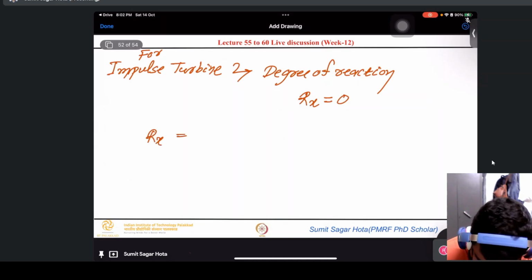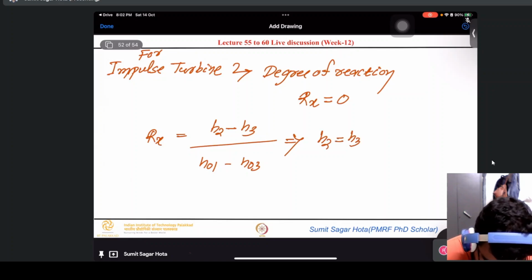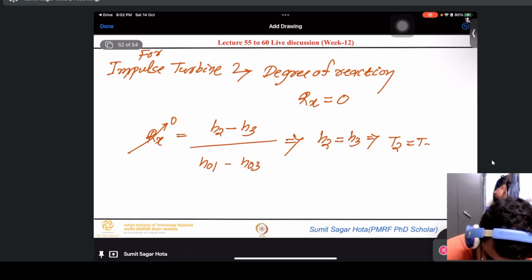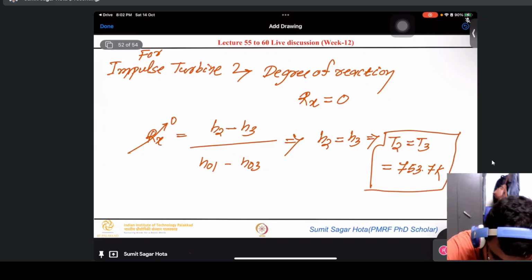So Rx equal to H2 minus H3 divided by H01 minus H03, and we know H2 equal to H3 now, because Rx equal to 0. So H2 equal to H3 implies T2 equal to T3, because Cp is constant, 753.7 Kelvin. T2 equal to T3.